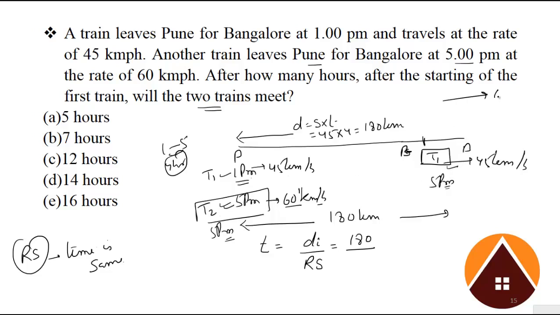So same direction, one is 60, the other is 45. The relative speed will be 15, right? The difference between the two, so 60 minus 45. So I get 180 divided by 15. So 15 ones are 15, carry 3, and 15 twos are 30, I get 12 hours. So my answer is 12 hours.